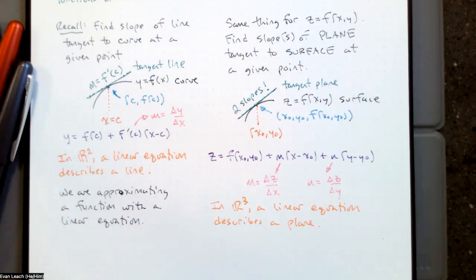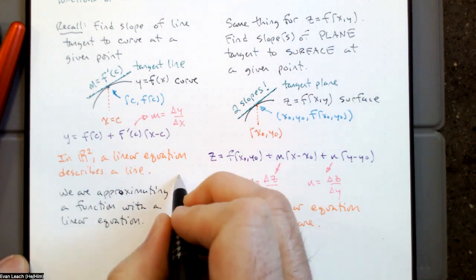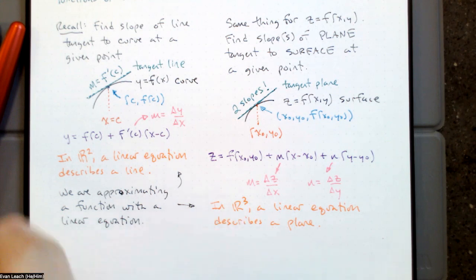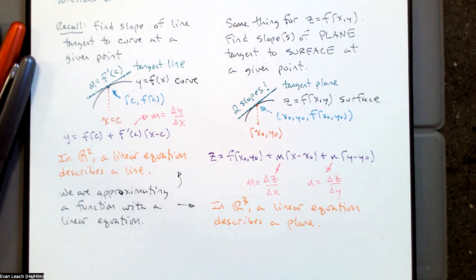We are approximating a function with a linear equation, whether we're using a line to approximate a curve or a plane to approximate a surface locally.